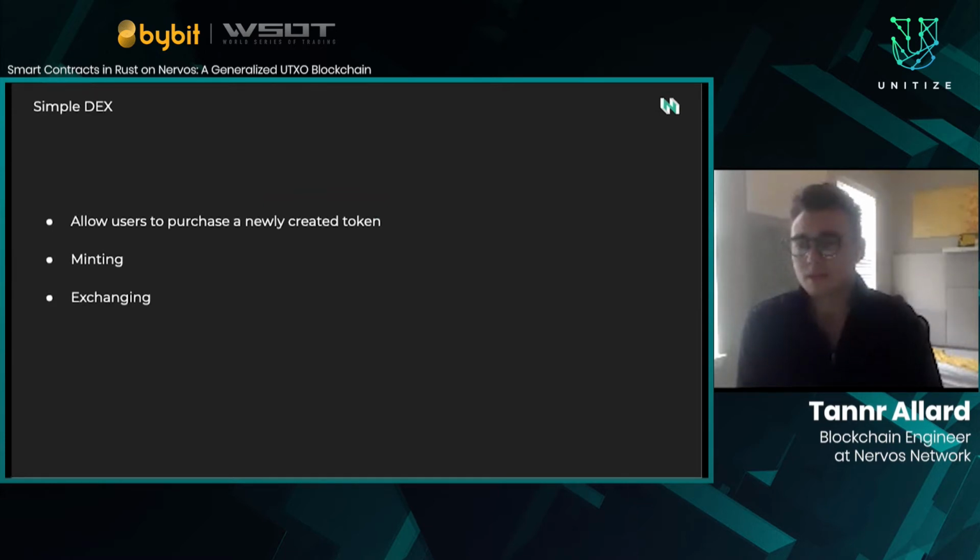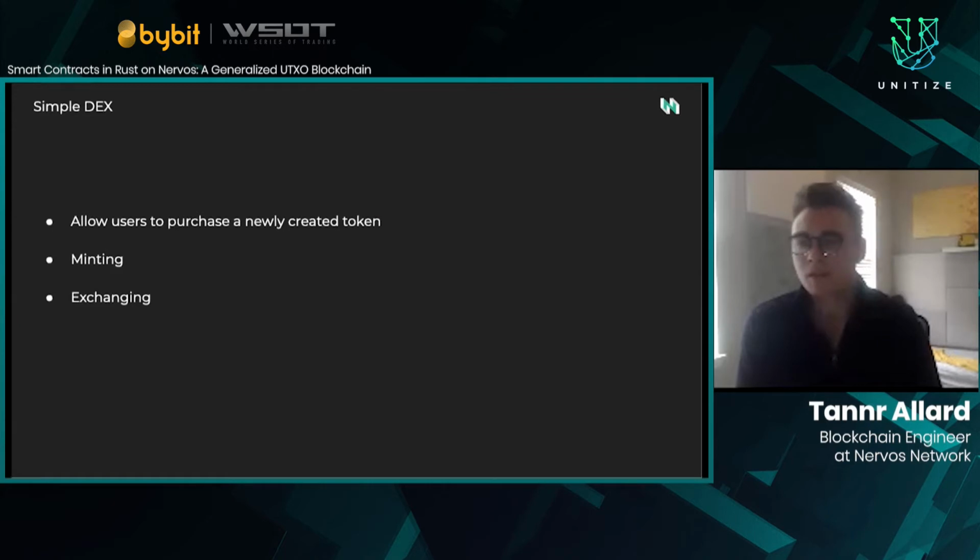We have a few standards, but one of them is what we call the simple UDT standard, SUDT standard. That stands for simple user-defined token. You can think of it as Nervos Network's version of ERC20, right? So it's a fungible token, and we'll go over a couple of details about it.